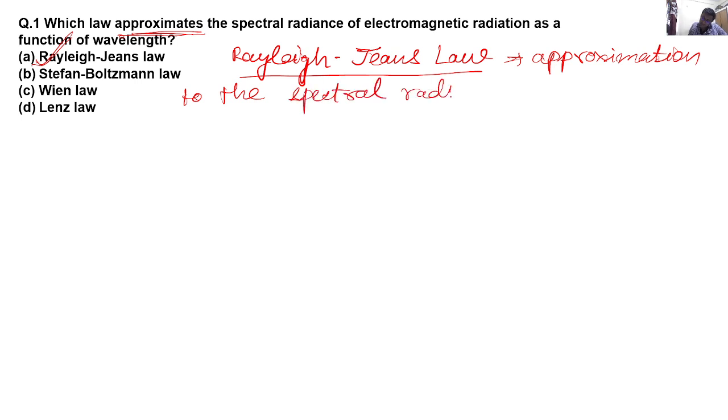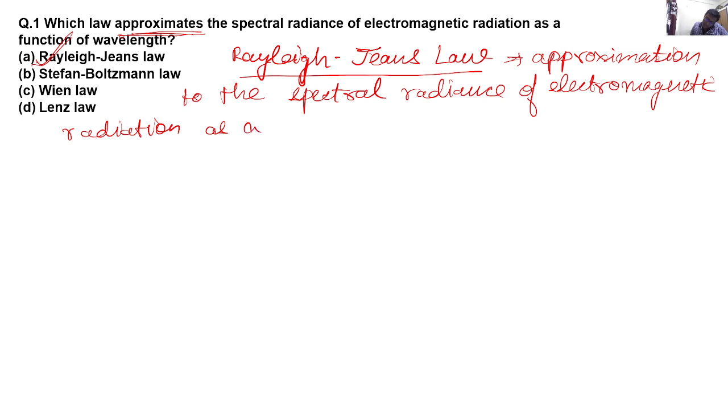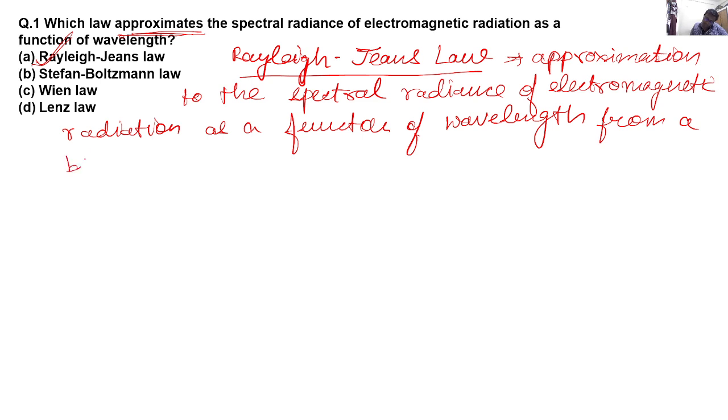And you know very well that the Stefan-Boltzmann law as well as Planck's law also have to do with the spectral radiance of electromagnetic radiation as a function of wavelength from a black body at a given temperature.